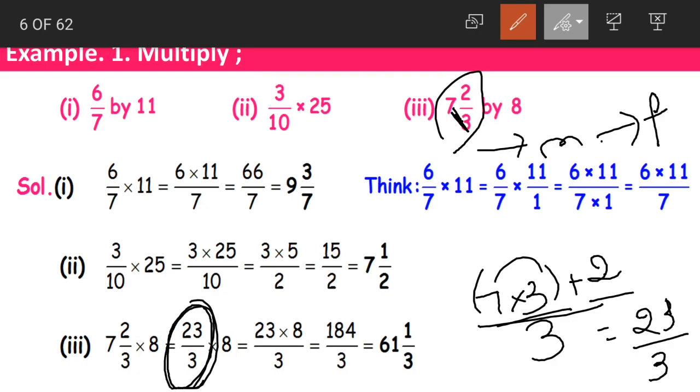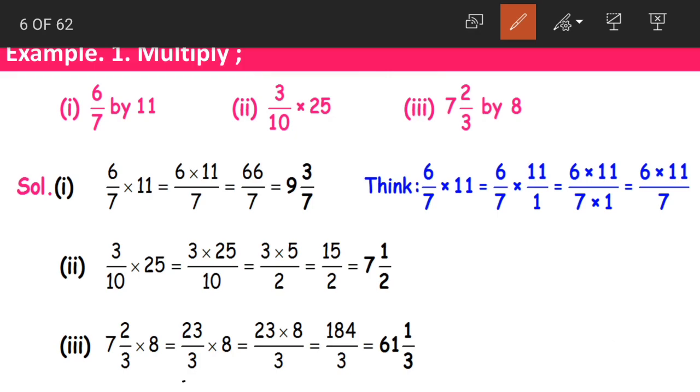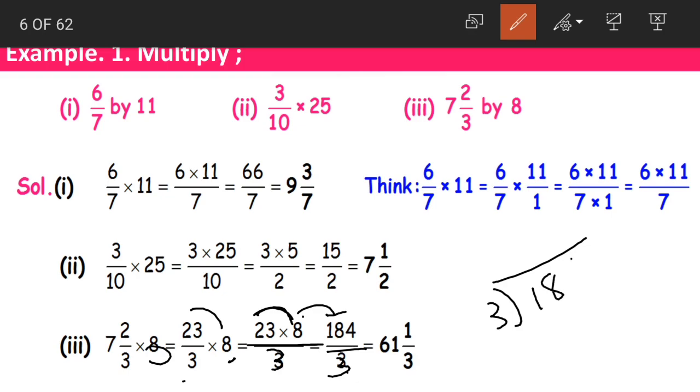Now what is our improper fraction, students? 23 by 3 multiplied by the whole number 8. Now how do we multiply? 23 into 8 divided by our denominator 3. 23 8s are 184 divided by 3. Again converting it into a mixed number. Now how can we do that?